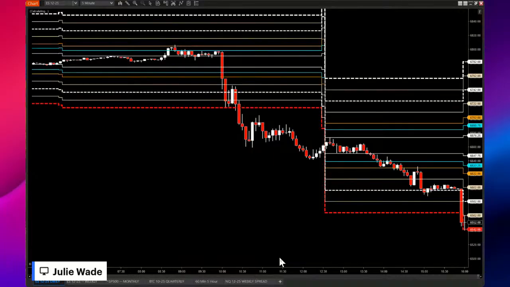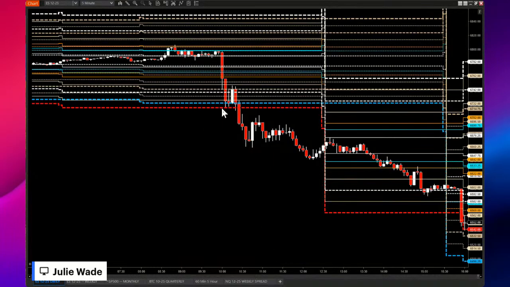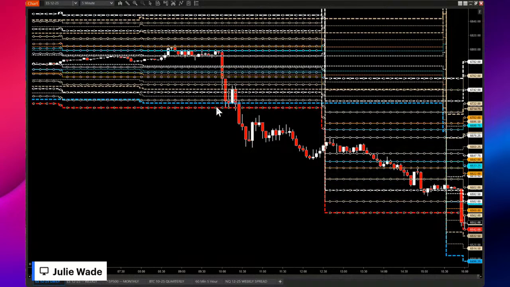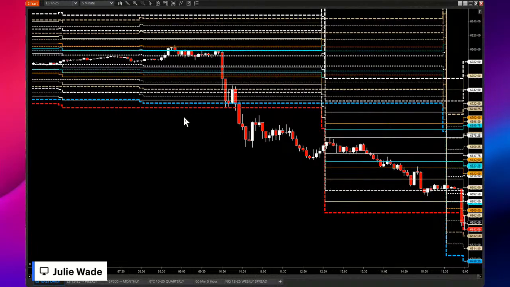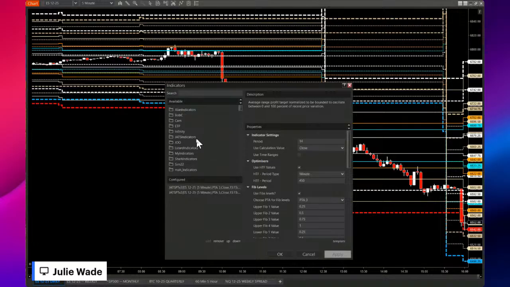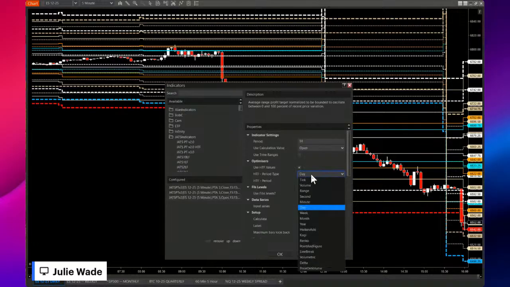So when you change it to the minute chart, you can see that it came right down to the level and bounced. That's where the hedge came in. And then when they broke it that first time, we can add another one.